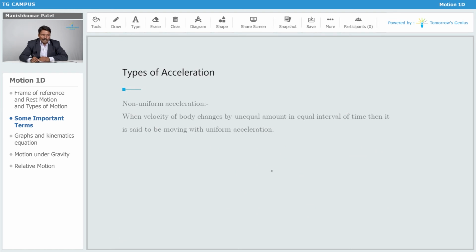Now what do we mean by non-uniform acceleration? The velocity of the body changes by unequal amounts in equal intervals of time. Again take A, B, C. Here the velocity was 5 meter per second, then 10 meter per second, and 50 meter per second when it reaches point C. The time interval is the same, 5 second, 5 second.